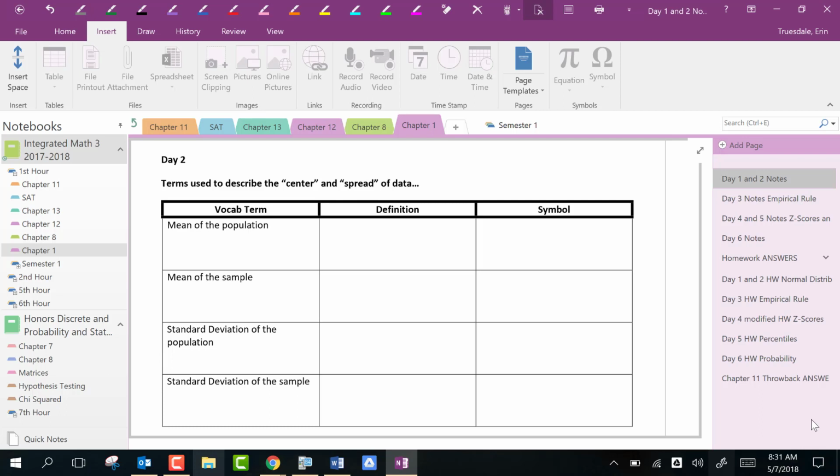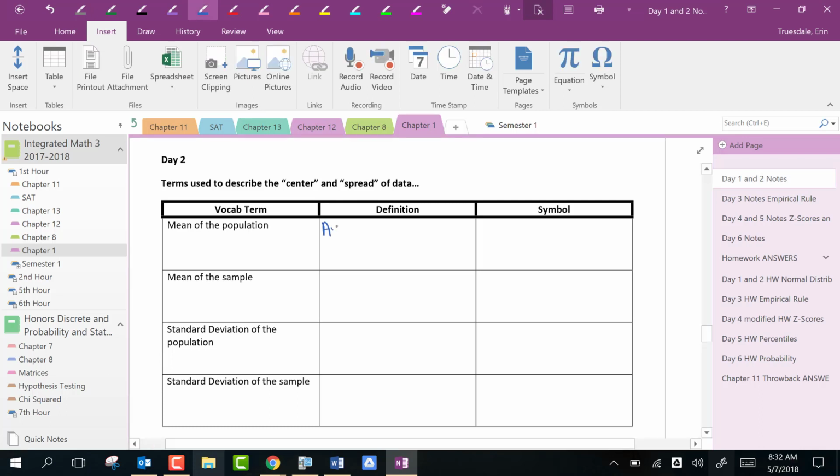Okay, so we're going to be talking about terms that are used to describe the center and spread of data. The mean of the population is the average of the entire population, and we use this symbol. It looks like a crazy U, and it's pronounced mu.